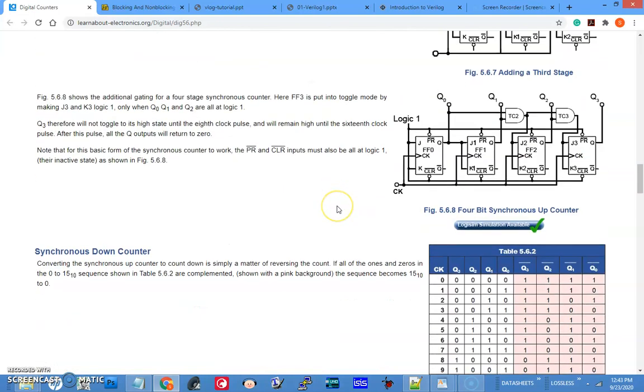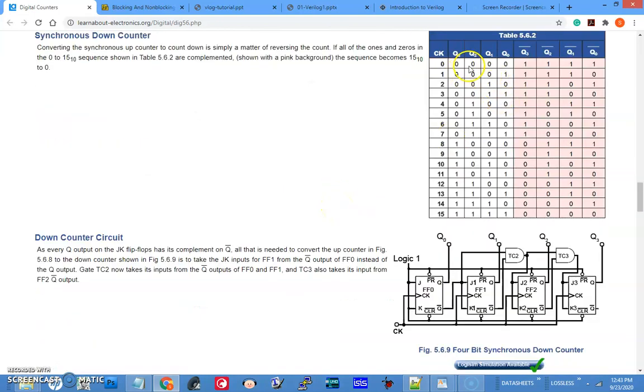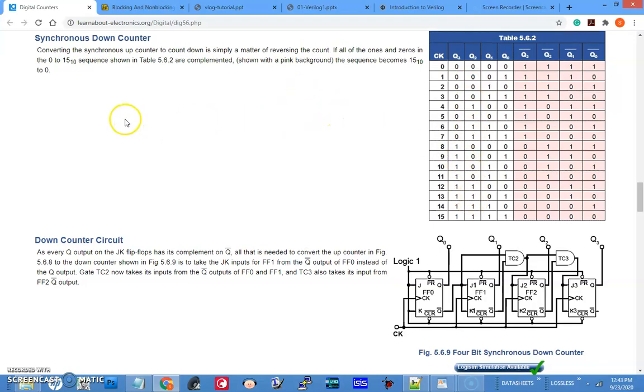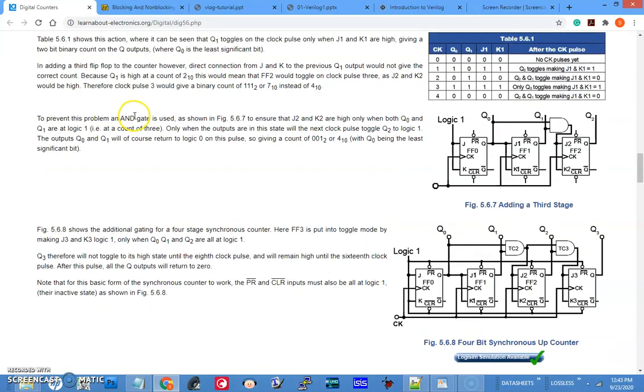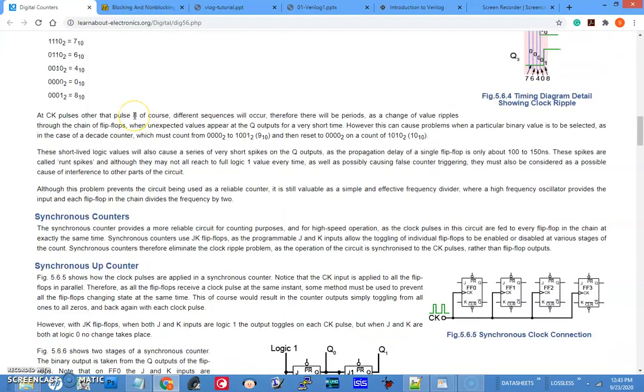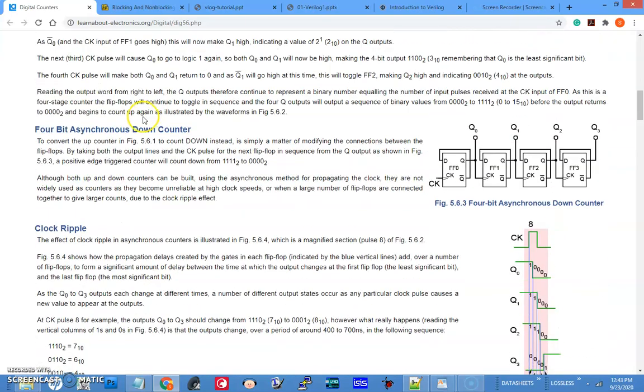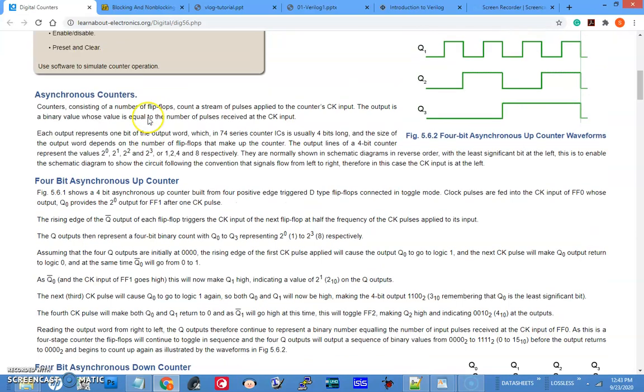Simply told, the counter will keep on counting, but we must understand the physical aspect of it. This will have half of the frequency, this will have 1/4 of the frequency, this will have 1/8 of the frequency, and so on. So we can use it to divide a given pulse by powers of 2.